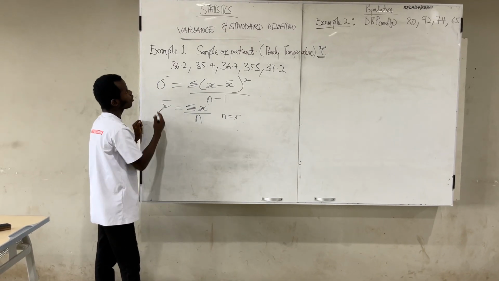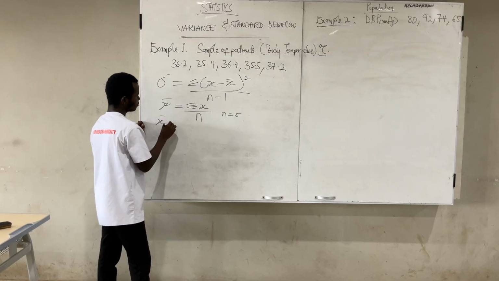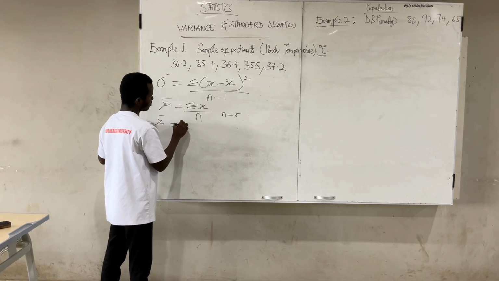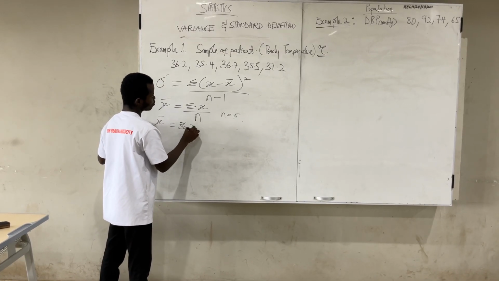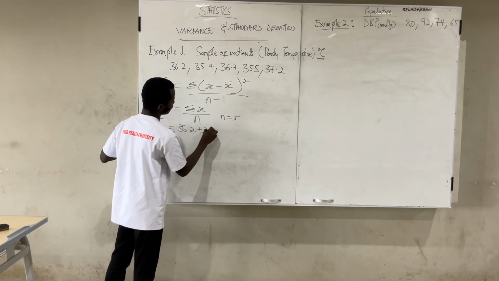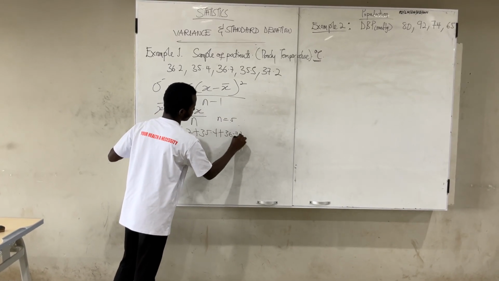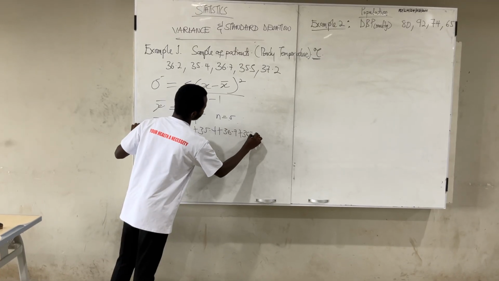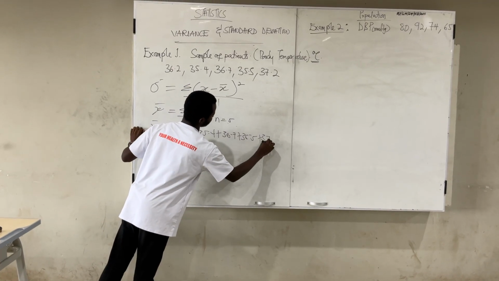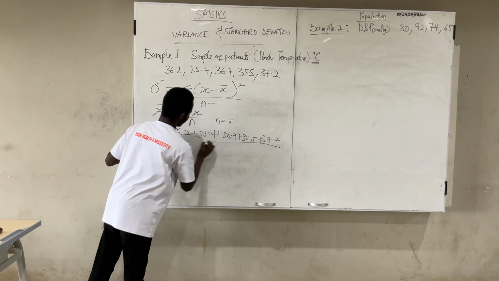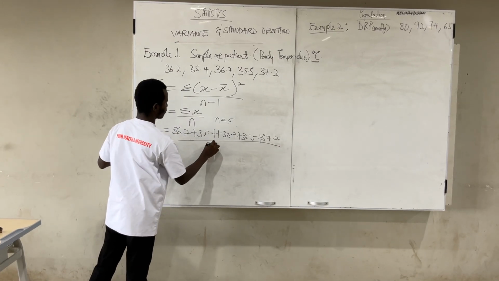Then let's sum all the observations together. So it will be 36.2 plus 35.4 plus 36.7 plus 35.5 plus 37.2, all divided by 5.